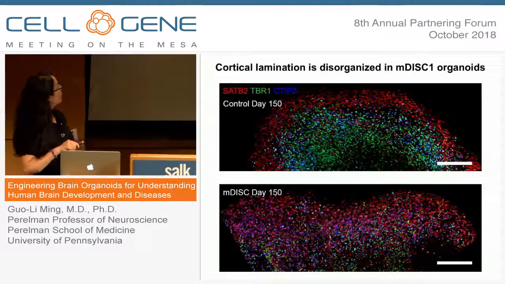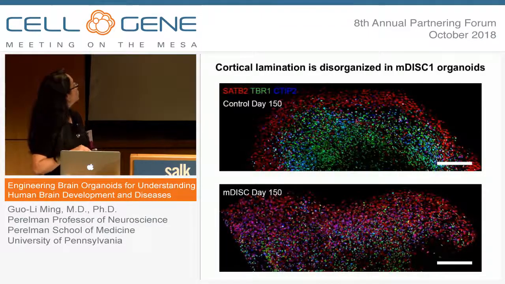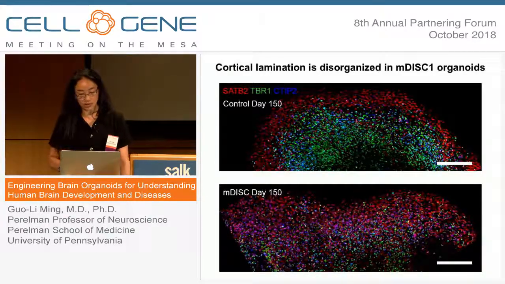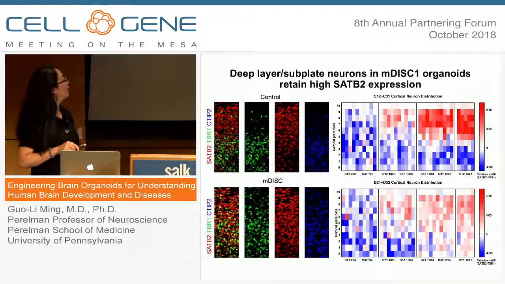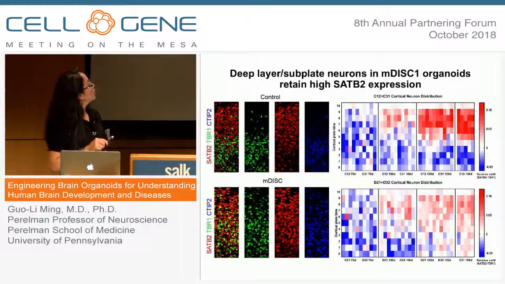I guess you can appreciate that the cells actually retain high SATB2 expression throughout the cortical plate structures. And for a clearer view, if we directly compare the expression ratio of SATB2 to TBR1, you can see over time there's a clear separation again in terms of the expression of cortical markers.